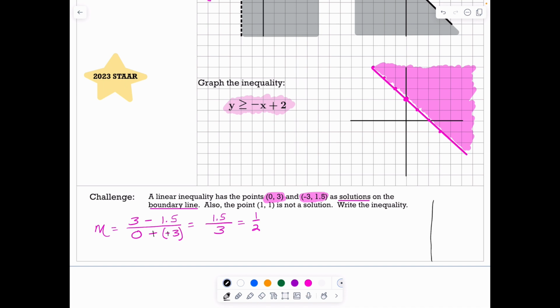I'm going to sketch what I have so far. Another thing that you might notice is that this point right here is the y-intercept, 0, 3. So I'm going to plot that point, 0, 3.